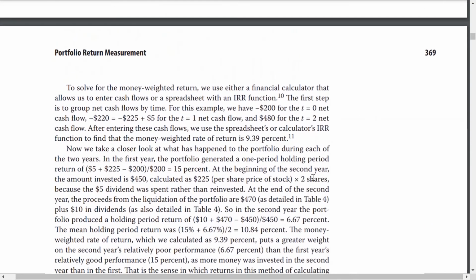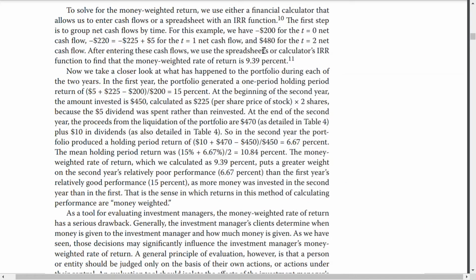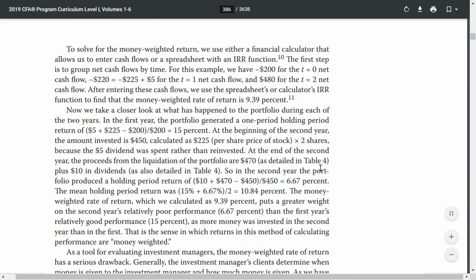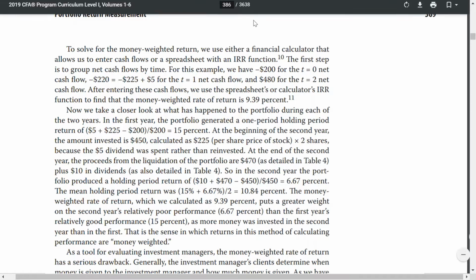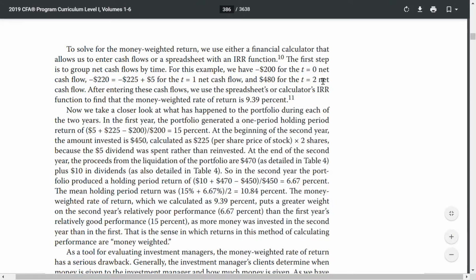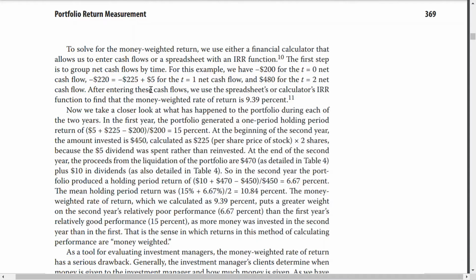To solve for the money-weighted return, we use either a financial calculator that allows us to enter cash flows or a spreadsheet with the IRR function. The first step is to group the net cash flows by time. For this example, we have negative 200 for t equals 0, net cash flow of negative 220 (negative 225 plus 5) for t equals 1, and 480 for the t equals 2 net cash flow.